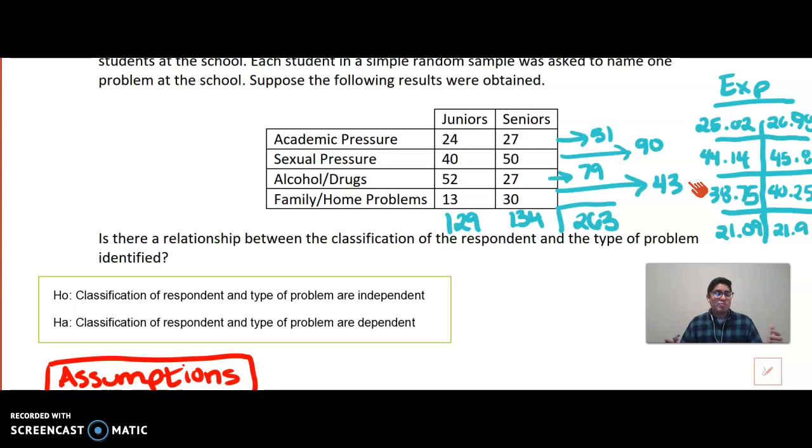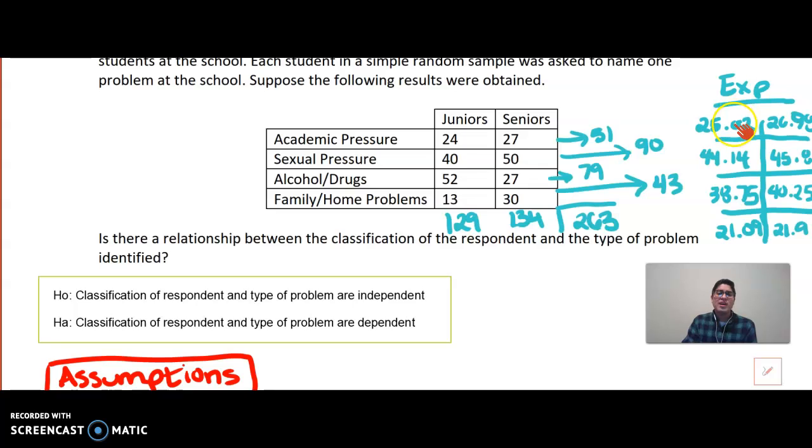Of course, I can't have 0.14 of a person, 0.75 of a person, but again, this is the long run average of how many students would say that this is an issue. Now, we can see that each of our expectations is greater than or equal to 5, and these are cut off here, but it should say 26.98, 45.86, 40.25, and 21.91.